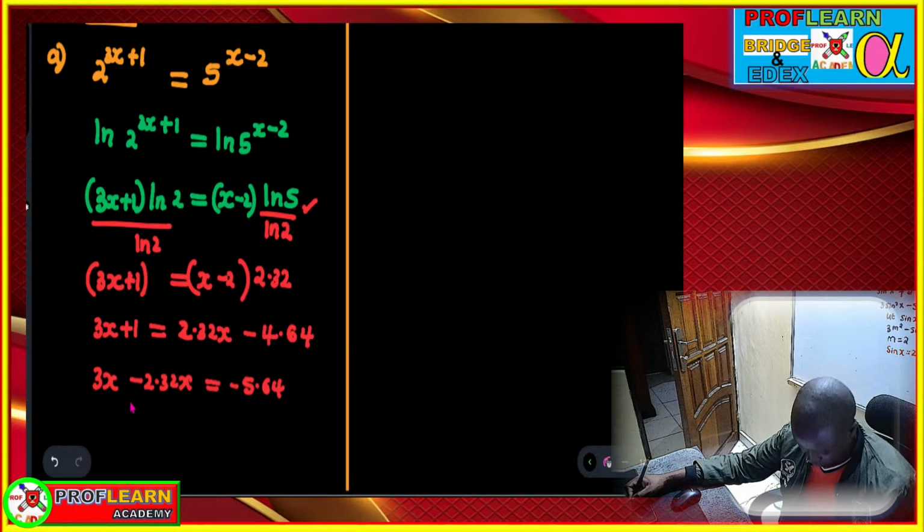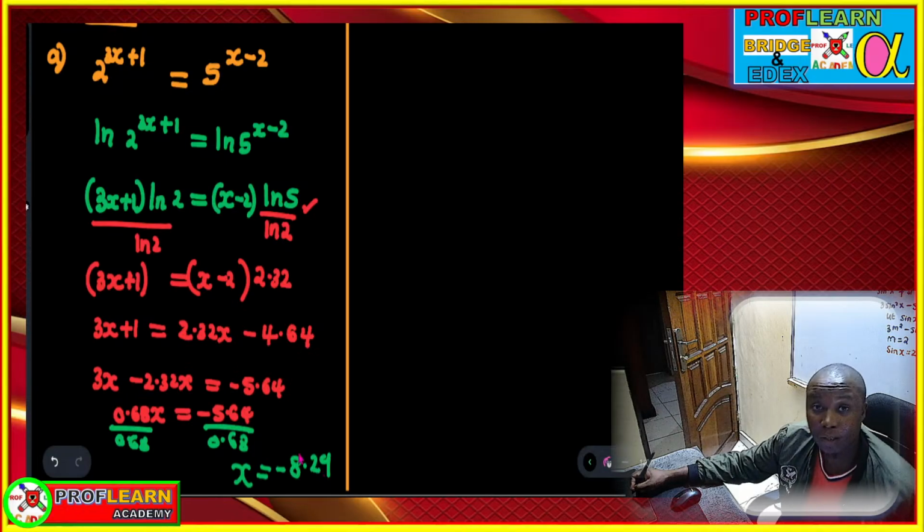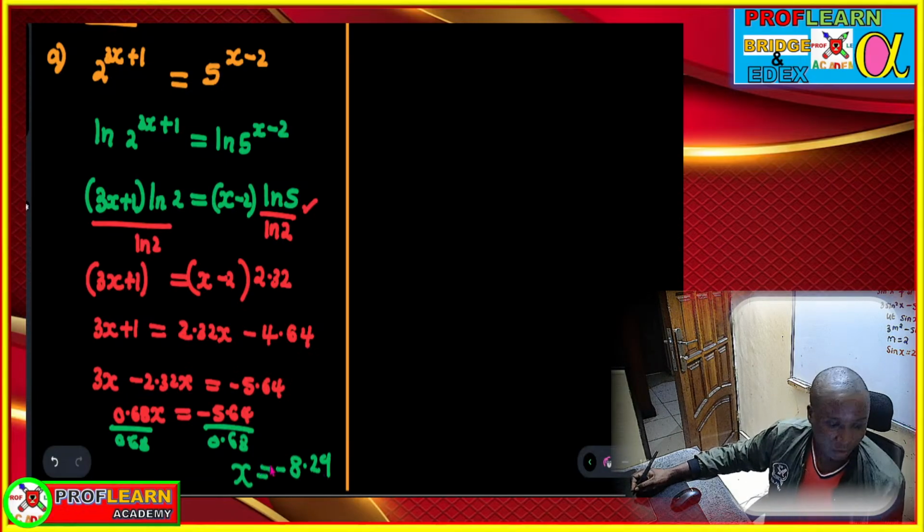Then if we subtract, we shall have 0.68x is equivalent to negative 5.64. And then to find the value of x, we shall divide both sides by 0.68. So we shall say our x is equals to negative 8.29. That's basically what you shall have as your final answer in this case, as far as this question is concerned.